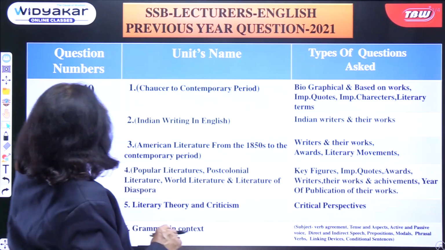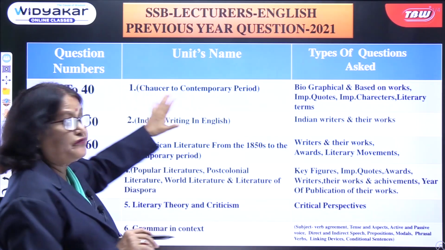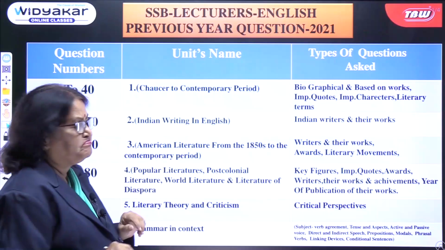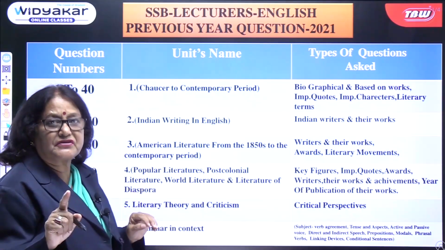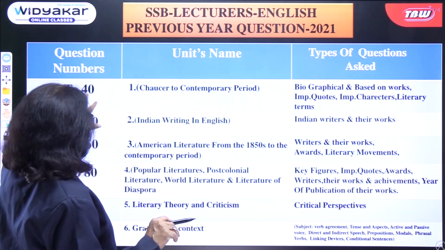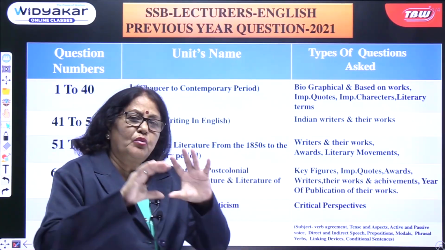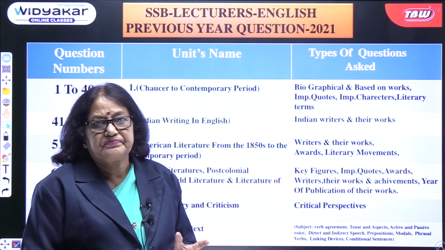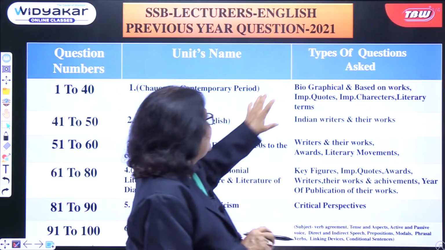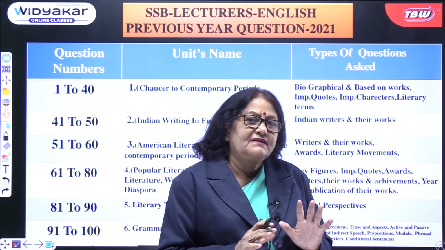In 2021, the number of questions: you have 5 units. Unit 1 is British literature, with 40 questions, from 1 to 40, from Chaucer to the contemporary period. So what is mostly asked? The writer, a biographical sketch of the writer.